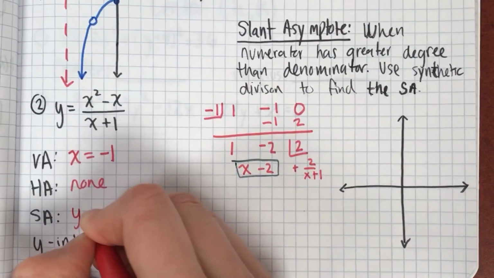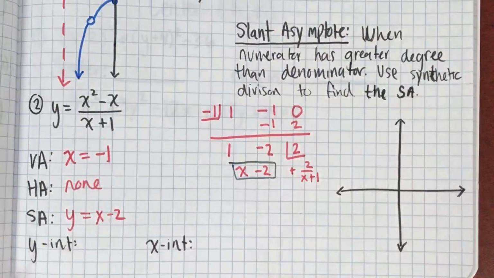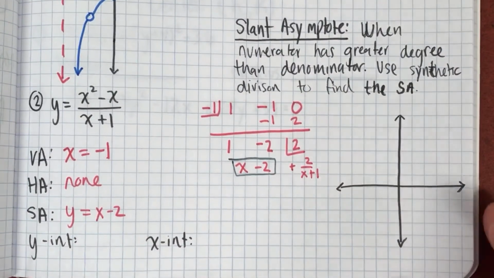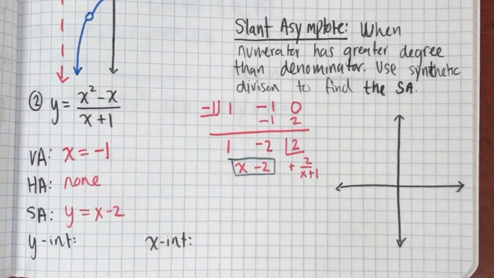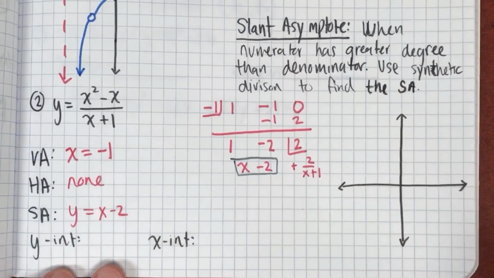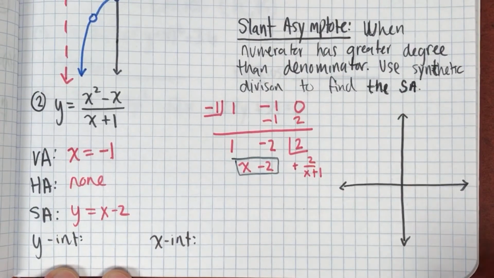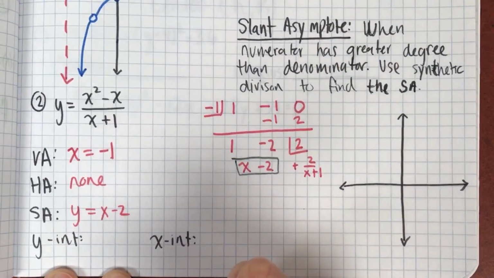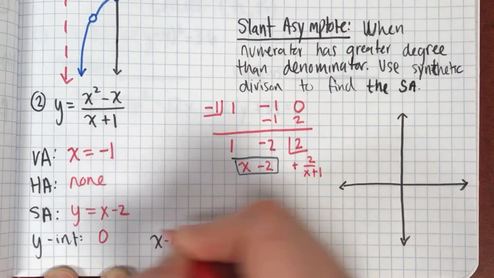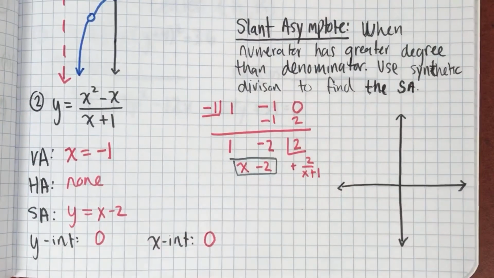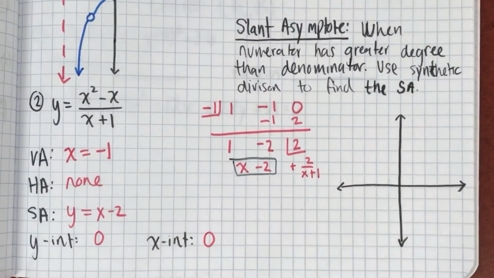So our slant asymptote is y equals x minus 2. Then we can find our x and y intercepts, and those will be fairly simple to find. It's just 0 for both of them.